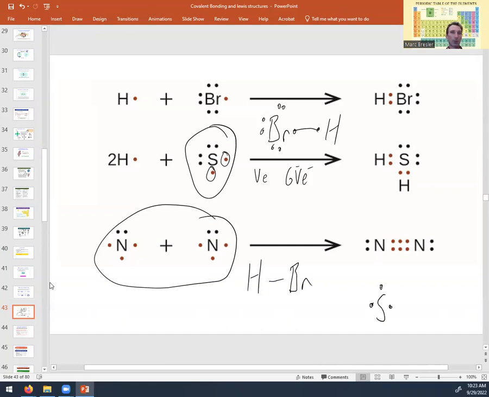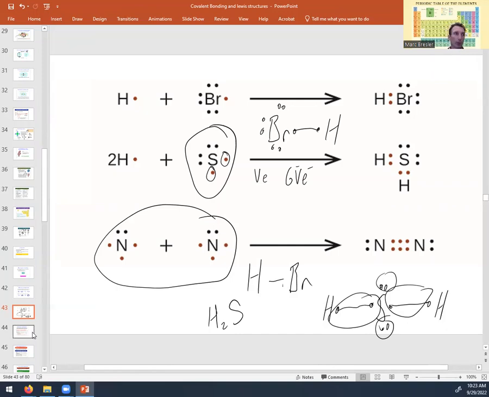Hydrogen will come in with its 1 here and 1 here. Now sulfur has 2, 4, 6, 8. So H2S would be another example of covalent bonding on a Lewis structure.